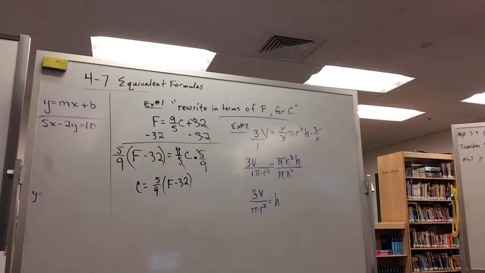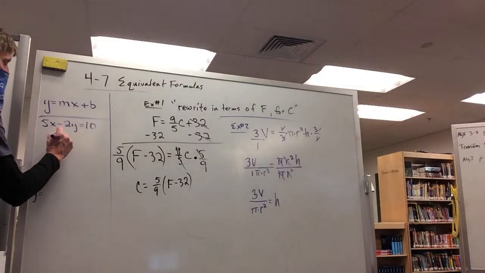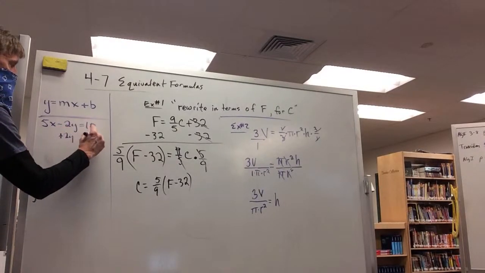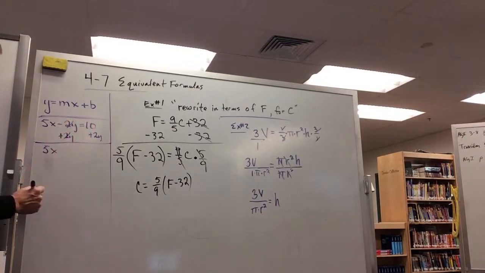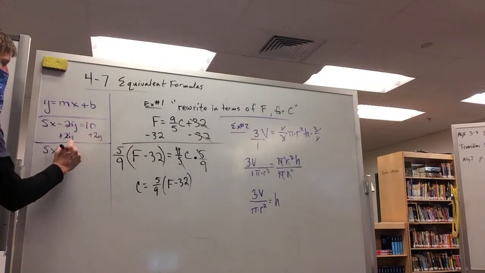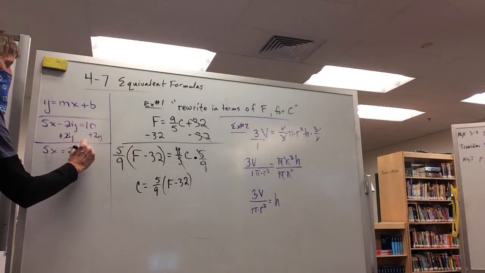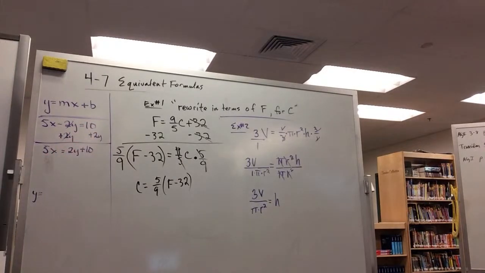So, first step. Add 2y, you could do that. And on the left, you'd have 5x, that cancels. And then you have 2y plus 10. Now what?